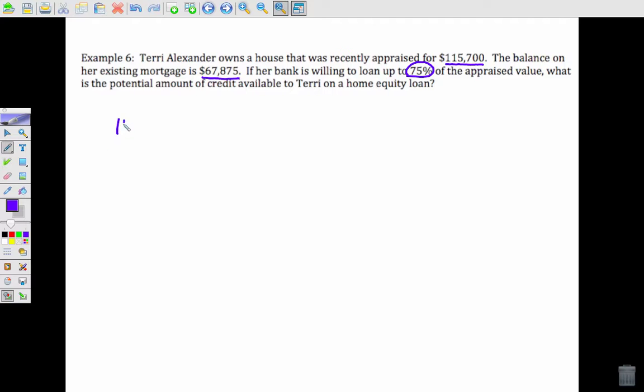Here's how this works. First we need to find what 75% of the appraised value is. 115,700 times 75% is 86,775. So they only let you borrow up to 75% of the appraised value.